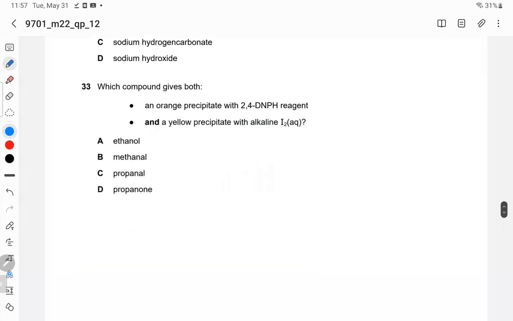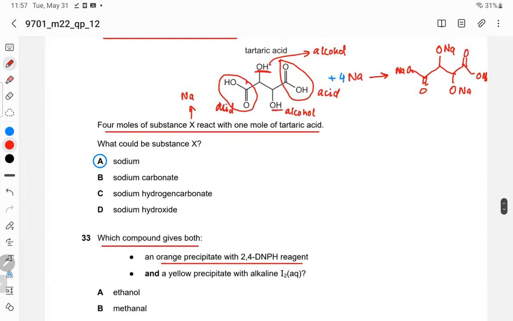Okay. Question number 33. Which compound gives both an orange precipitate with 2,4-DNPH reagent? Ibrahim, sodium hydroxide reacts with, okay, let me give you a summary over here.